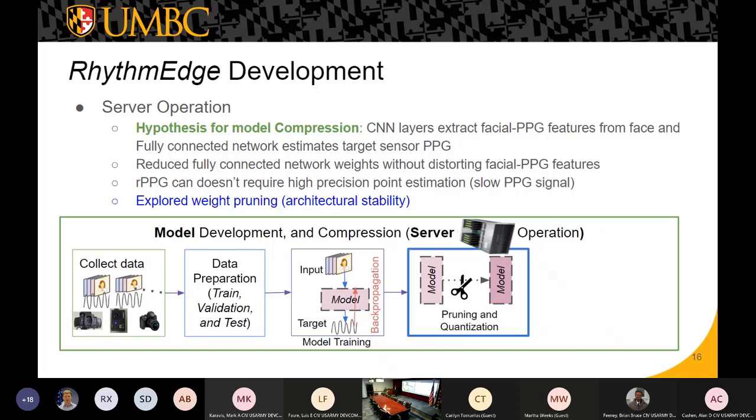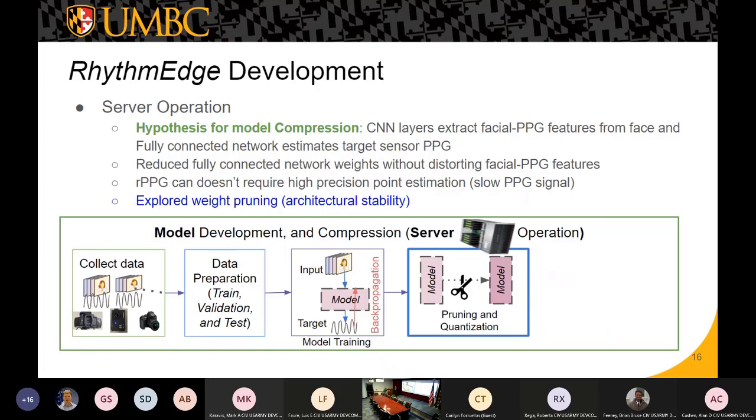We found that the CNN layers normally capture this facial information, and the model normally has CNN layers and then fully connected layers. So we assume that we can drop some of the fully connected layers after developing the model. We need to develop it first because we need a big learner to learn everything. Then we can shrink down the problem.